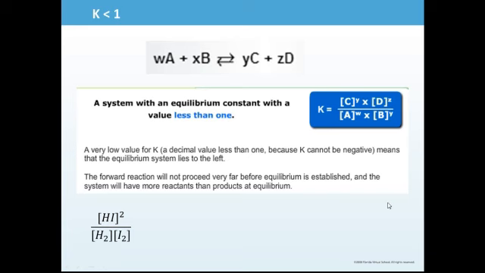Well, what happens if the equilibrium constant is less than 1? So let's say this value of K was 0.5 or 0.01 or something like that. What would we expect more of in solution, products or reactants? And if you said reactants, you are correct. So if we have a value of K that is less than 1, you have more reactants in solution at equilibrium.